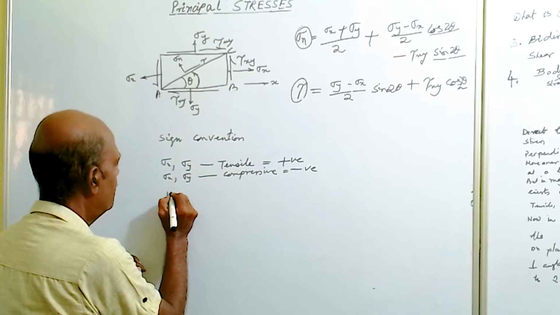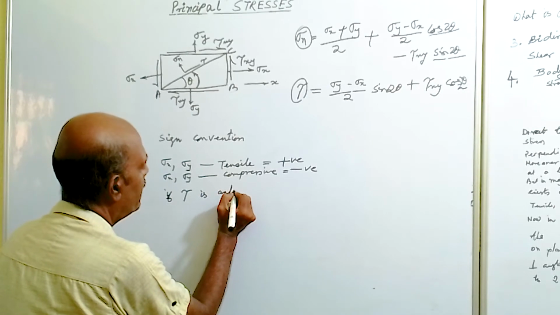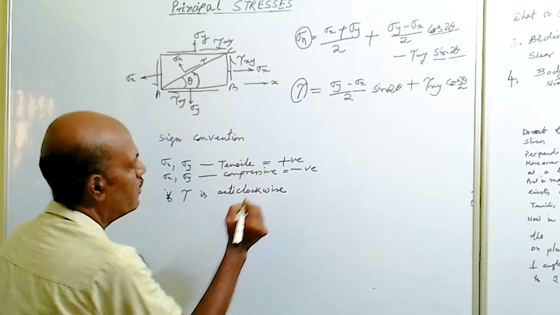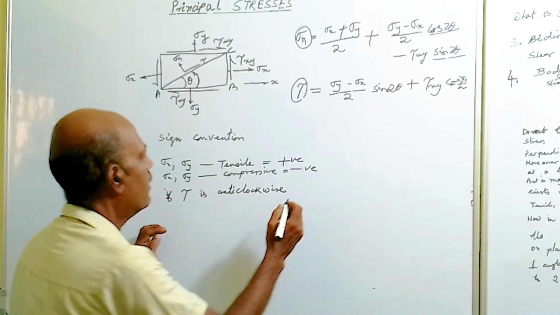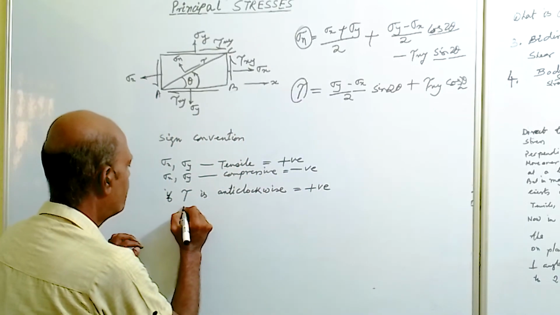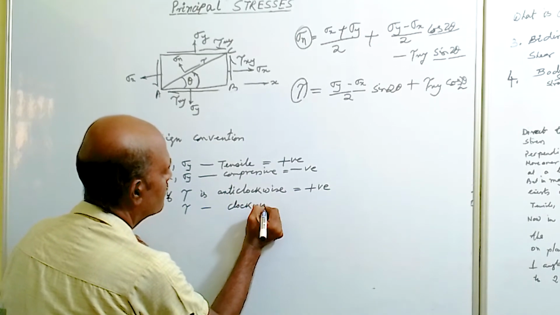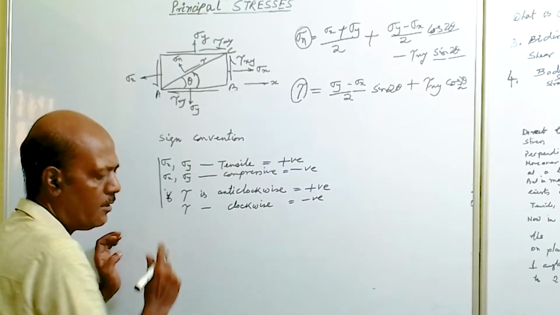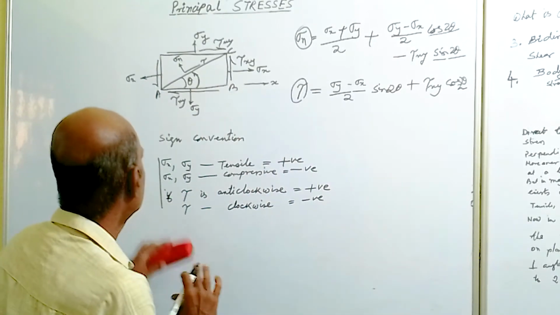Similarly, if tau is anti-clockwise on any plane, that is, it may be on x plane or on y plane, we will take as positive as per our convention, and if tau is clockwise, we will take as negative. So, these are the sign conventions we have to remember. Then we will go for various cases.